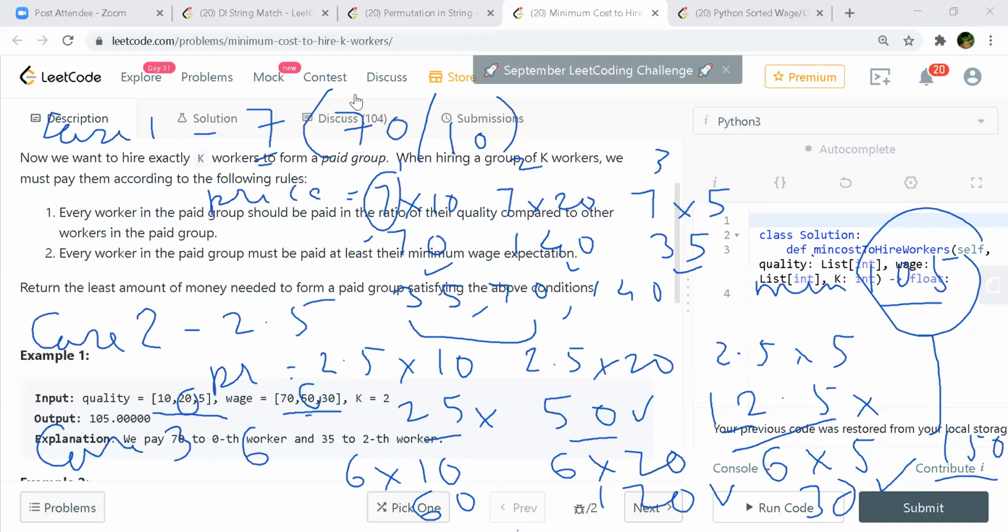If it was not minimum, suppose 70 was 75, then we can still bring 75 down to 70, so there is a chance. Since we are trying to calculate the minimum, we have to keep one of the minimum wages as minimum. Yeah, because that is what we start with. You are right, indirectly it comes to that.